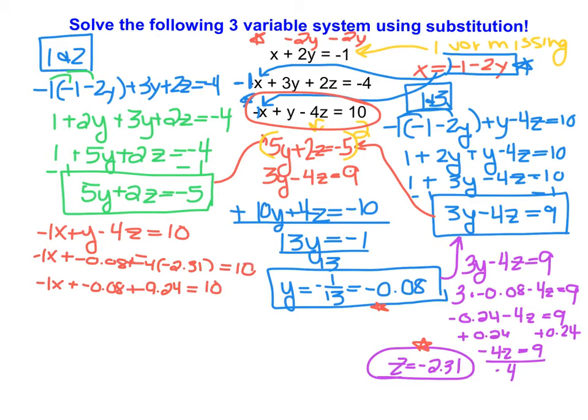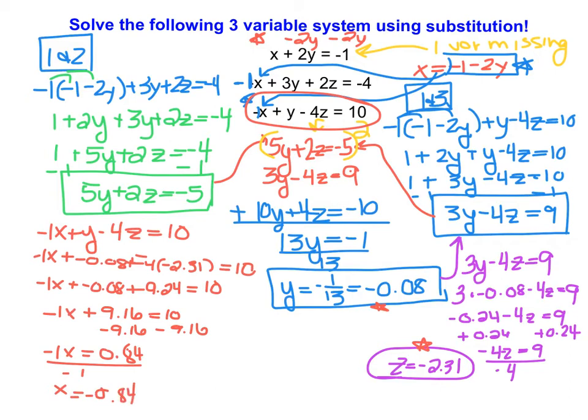And then I can combine those together. So I have negative 1x plus 9.16 is equal to 10. Subtract 9.16 from each side. So I have negative 1x is equal to 0.84. Divide by negative 1, and I find x is equal to a negative 0.84.